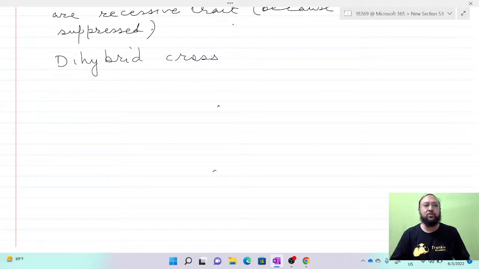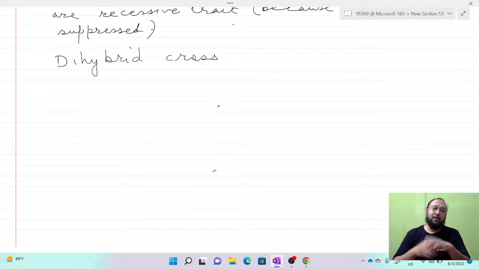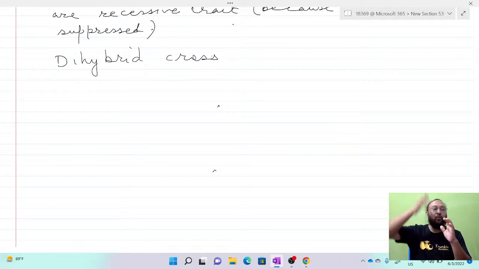Why did he want to consider two traits? Actually, he wanted to know whether the two characters are going together or not. For example, somebody has got a fair skin and a straight hair, and somebody has got the black skin and the curly hairs.